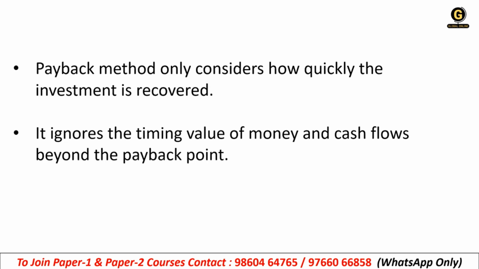See, the payback method only considers how quickly the investment is recovered, right? So it will give you the clear idea how quickly the investment is recovered. It ignores the time value of money and cash flows beyond the payback point.